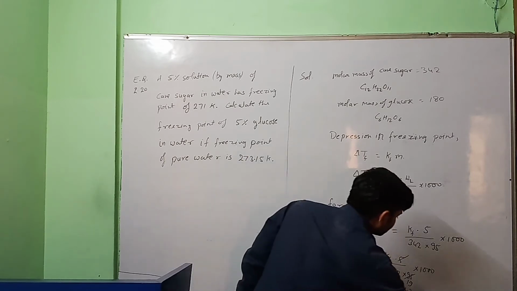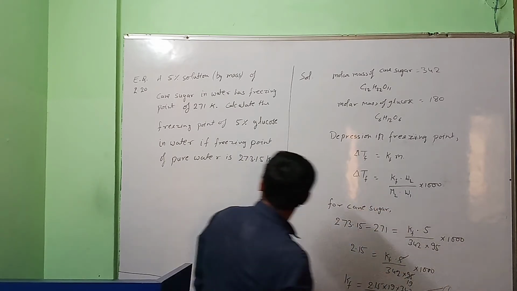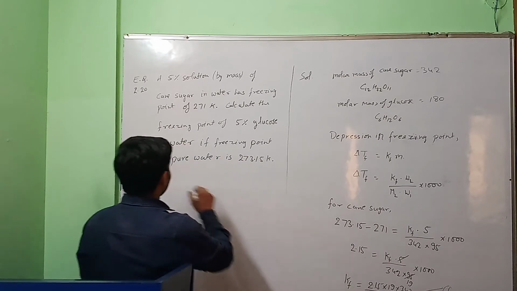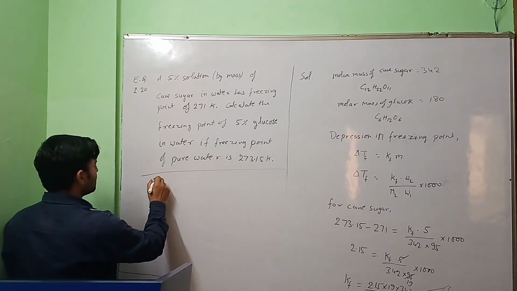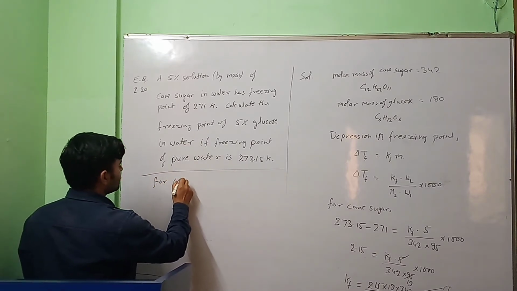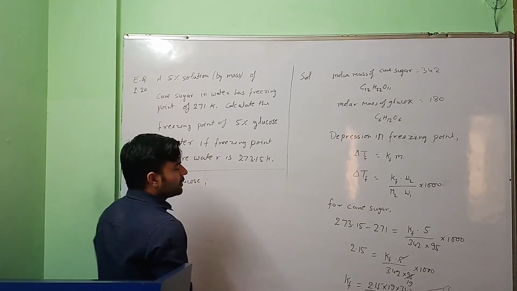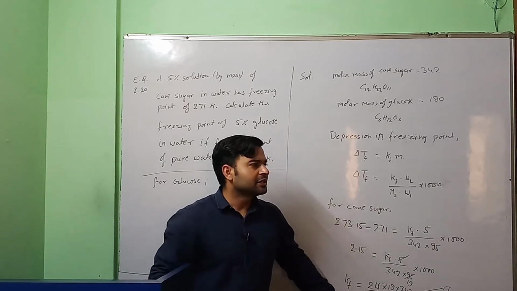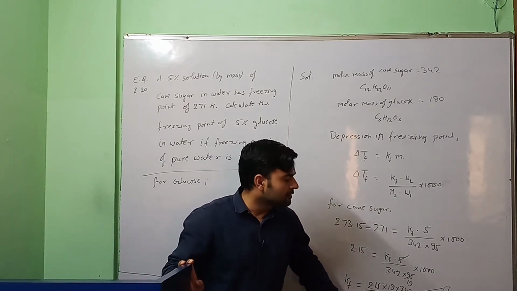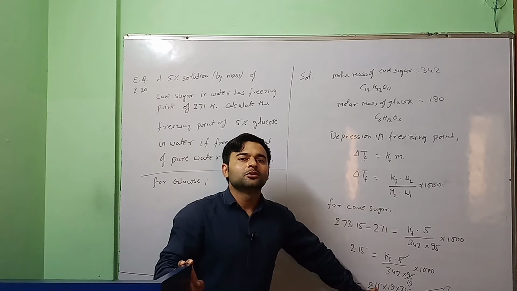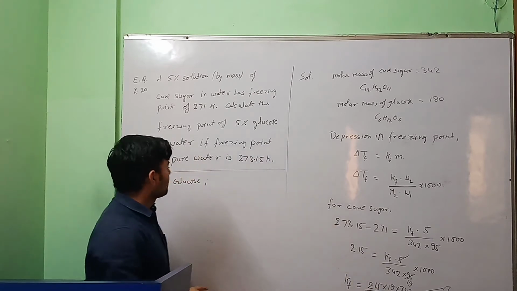So this will be equation 1. Now for glucose, here there is no need to arrive at the actual value of KF. We can use this expression to solve the question.